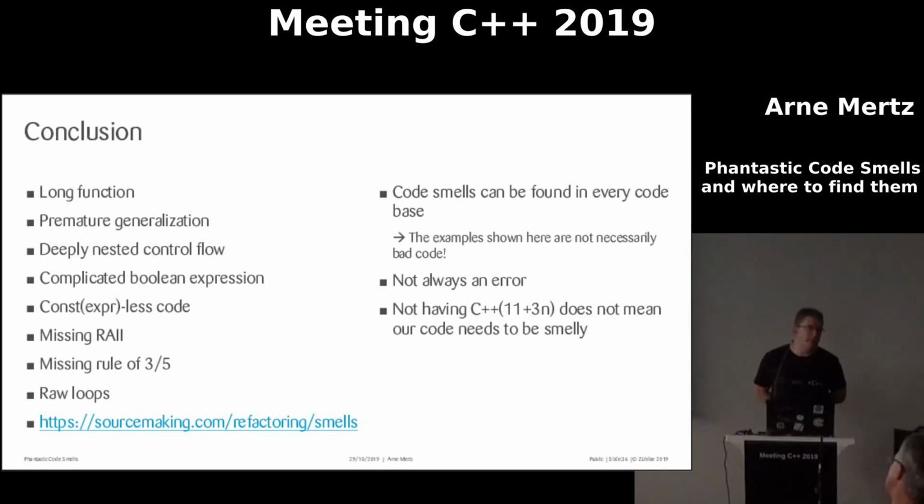Also, being stuck with C++98 or 03 or 11 and not being able to use all the shiny new stuff we have in the newer standards doesn't mean our code base has to be dirty or smelly, and we still have things we can fix and improve in our code bases.